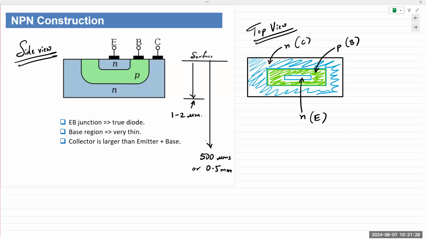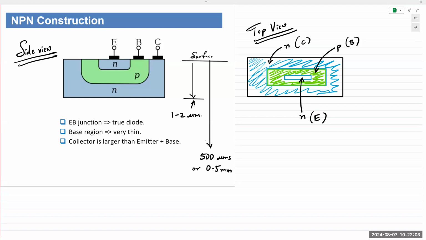You have the side view and the top view for an NPN transistor. PNP transistors also work the exact same way, but for most of our discussions, we will work with NPN transistors. The only thing is everything will be exactly the opposite. Electrons will be replaced by holes, holes will be replaced by electrons, current direction will be opposite, biasing will be opposite. So typically, even when we teach these classes for EE majors, we only discuss NPN transistors, and the rest is basically assumed or up to the student to review.